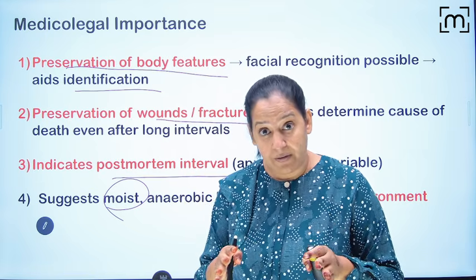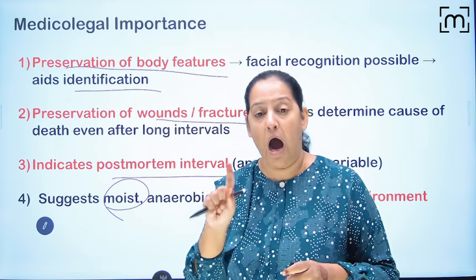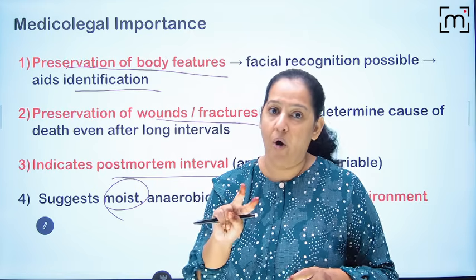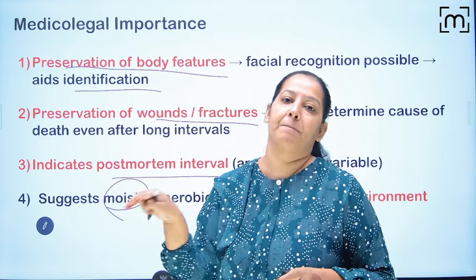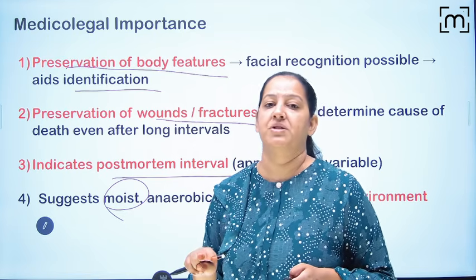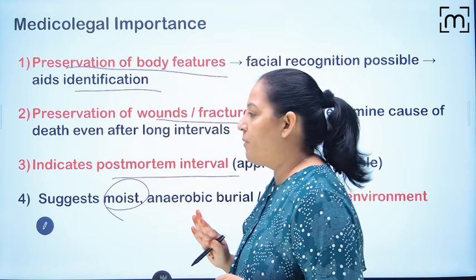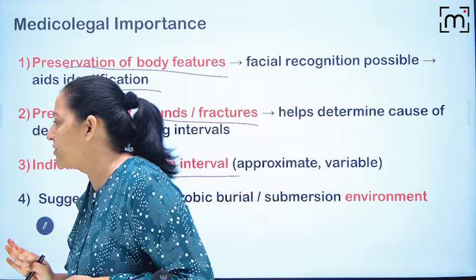So the forensic expert helps the police answer two questions: how the death occurred and how long is the post-mortem period, when did the death occur. So for answering these two questions, you should know the medico-legal importance of all the things. So medico-legal importance is very important.